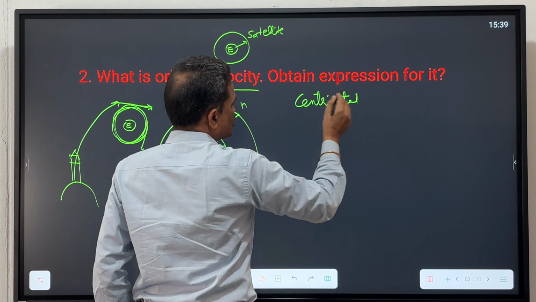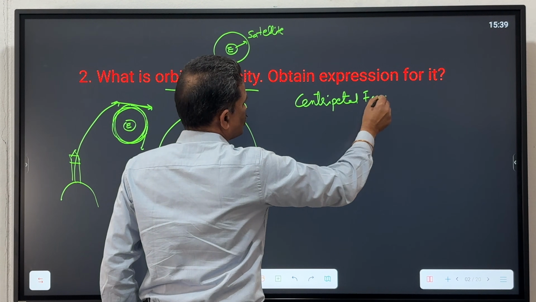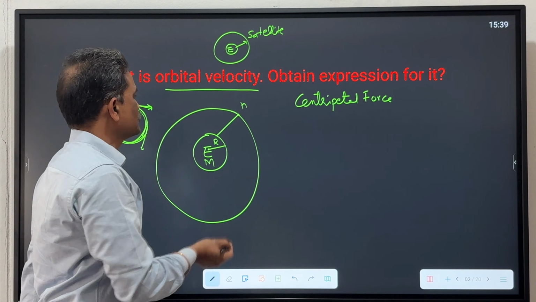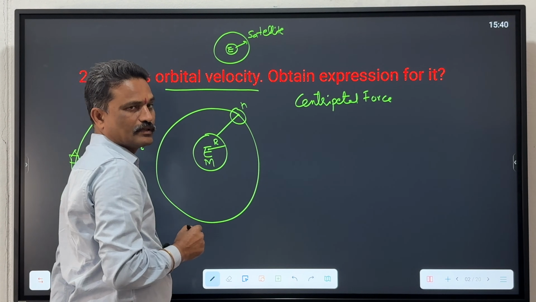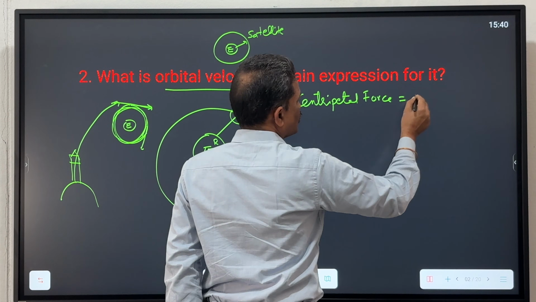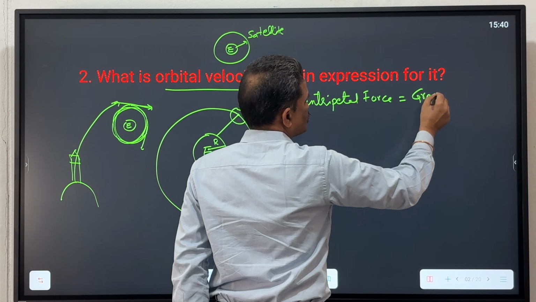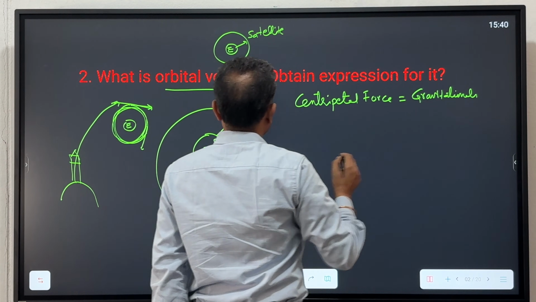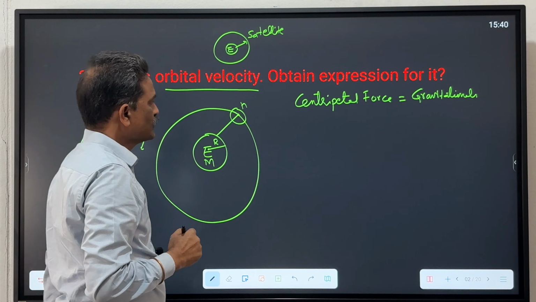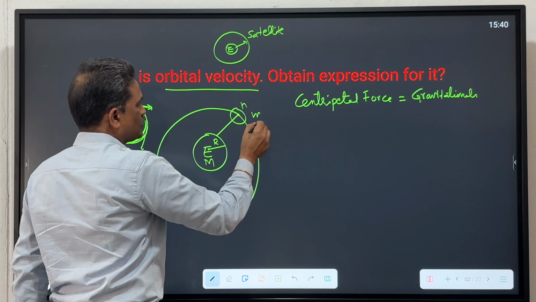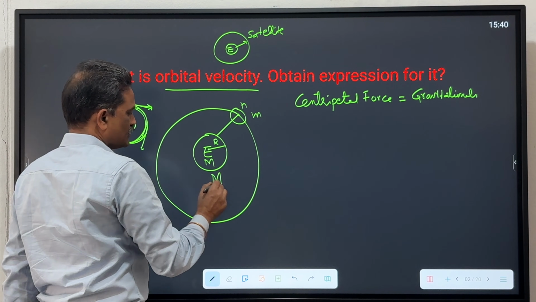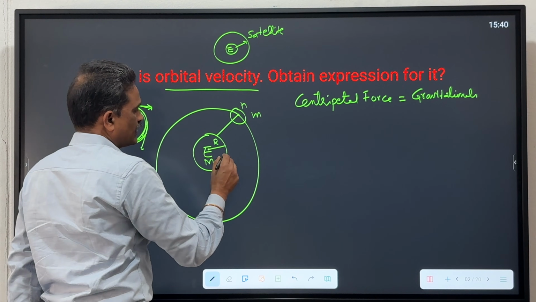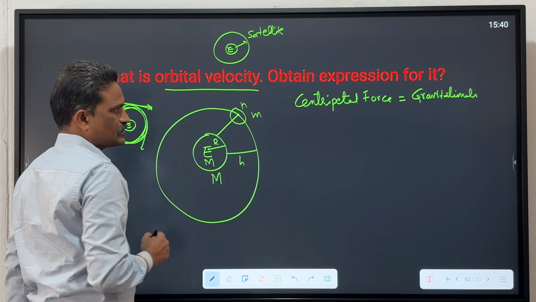Only when there is a centripetal force will you have circular motion. So who is giving the centripetal force for this satellite? The centripetal force is given by the gravitational force, which acts between the satellite and the earth. Let the mass of the satellite be small m, the mass of the earth be capital M, the radius of the earth be capital R, and the height of the orbit be h.